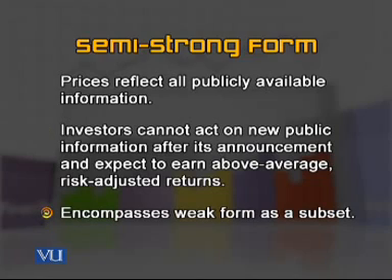Obviously, this semi-strong form of information also encompasses the weak form as a subset. But of course, it is more public information than the weak form. But you cannot use it because this is all public information. In all, people will be using the same information available to you in this form of efficient market.